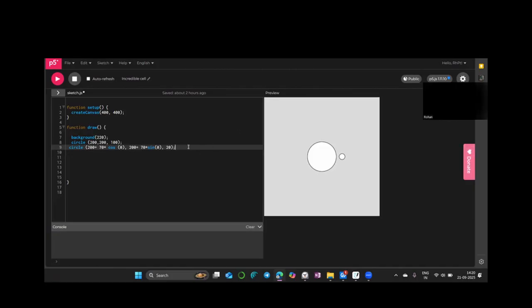So this time I'm going to simply copy paste the same code and change the angles from 0 degrees to 45 degrees. So what's going to happen right now is that the next circle will be created here at this part.